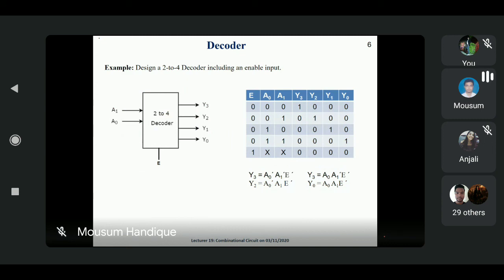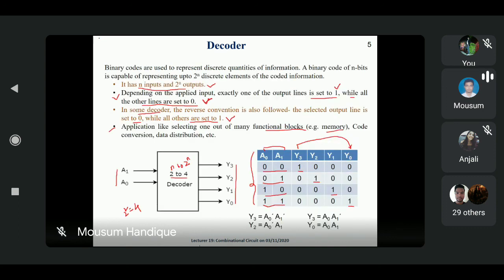Now see here, before we go to this particular example, I'm just discussing something. This is the normal decoder. Yes, no problem. But in some particular situations, we use one particular extra line.